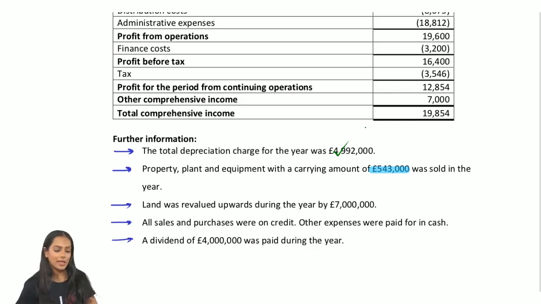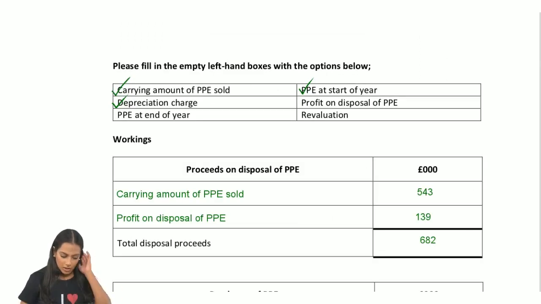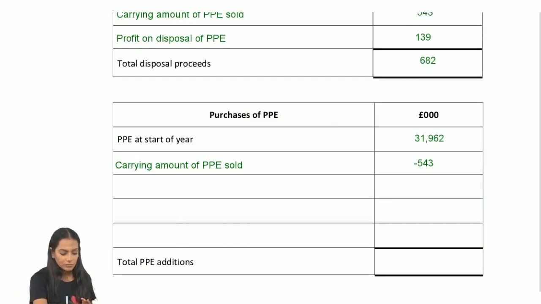So in my workings, I'm going to be reducing the value of my assets. We've got depreciation charge minus 4,992. Always use negatives to show that the value of the asset is going to be reduced.